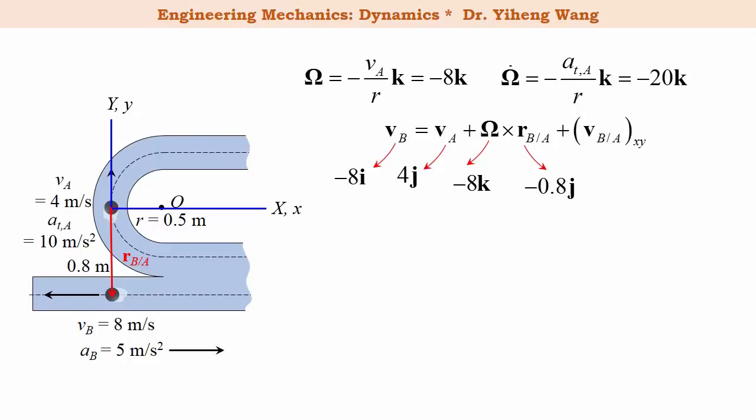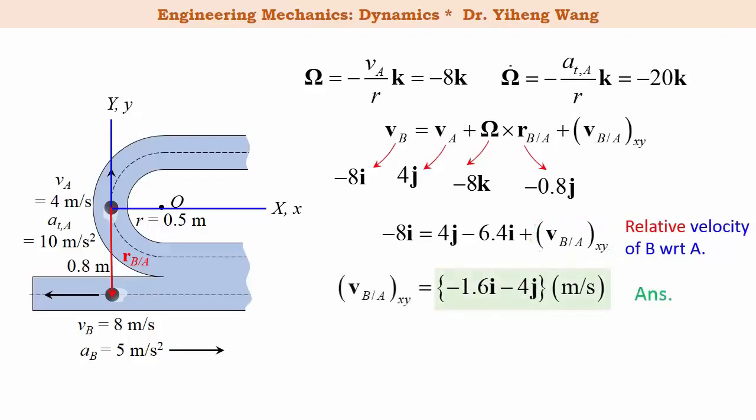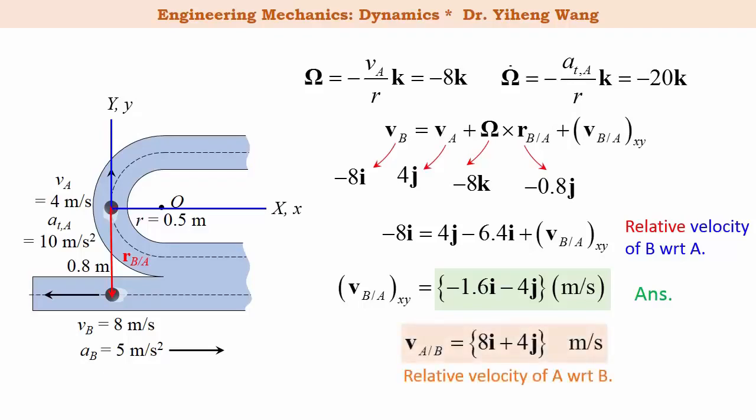And now in this equation, the only unknown is the relative velocity of B with respect to A, and from here we can solve for it. And if you remember from before, this is the relative velocity of object A with respect to B, and you can see how different they are.